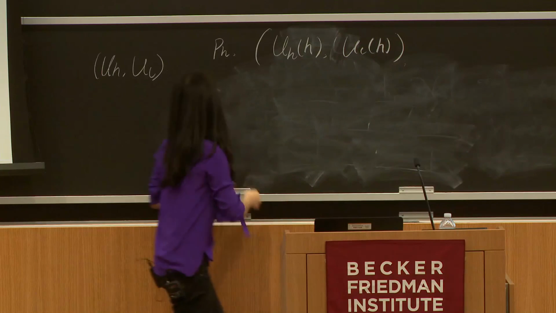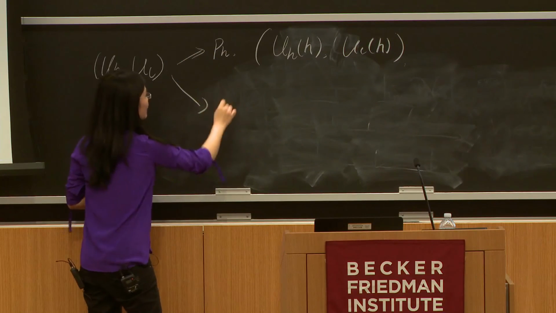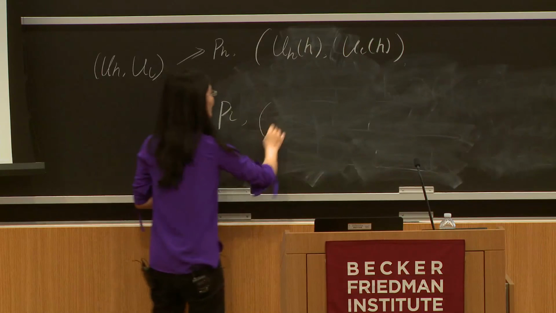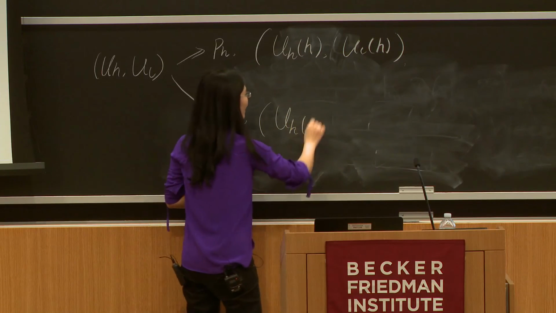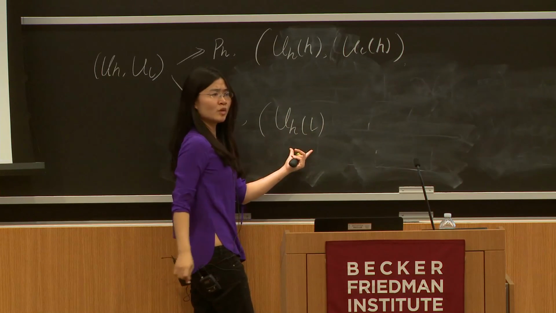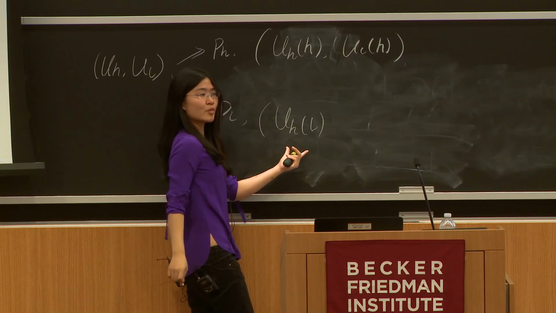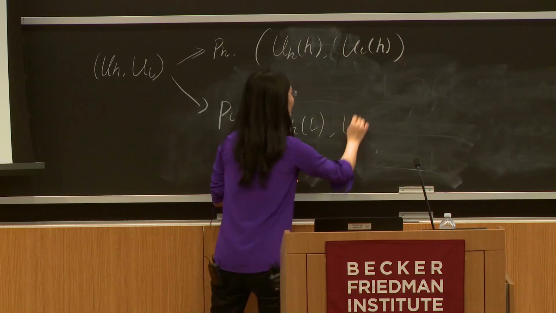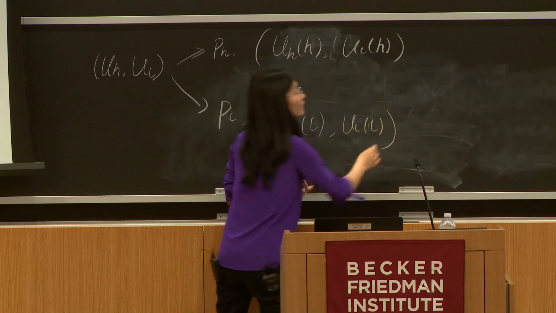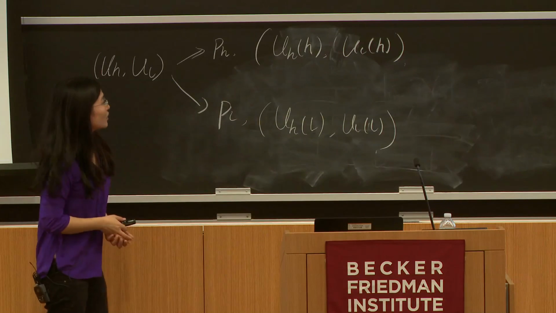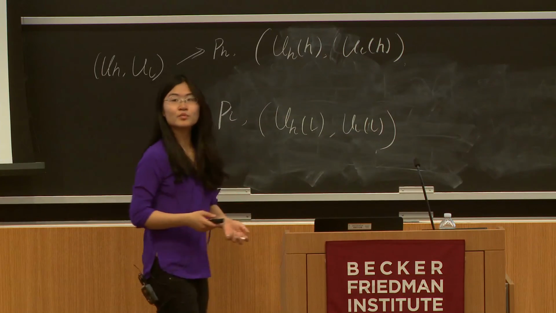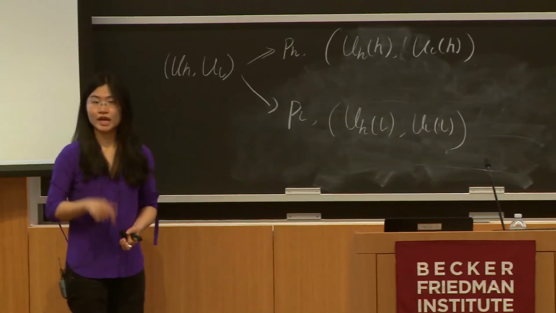Okay. And the low type will get PL, and here he will get UHL. This is his promised utility from tomorrow if he reports H tomorrow, and ULL. Okay. Now we can write down the agent's payoff if he lies today.